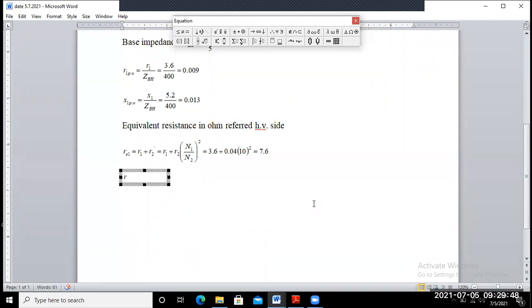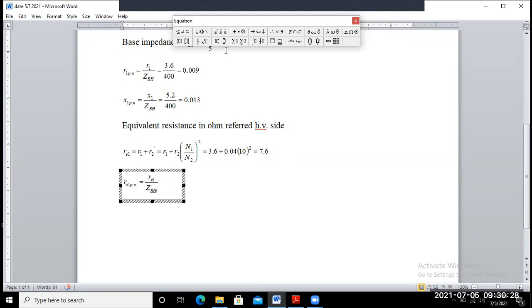So RE1 in per unit value equals RE1 divided by the Z base of the high voltage side, the base impedance value of the high voltage side.